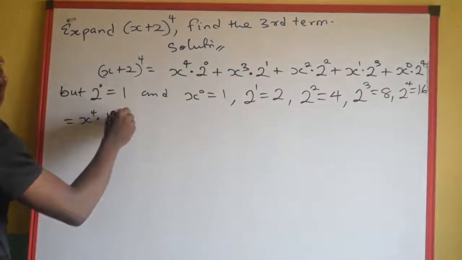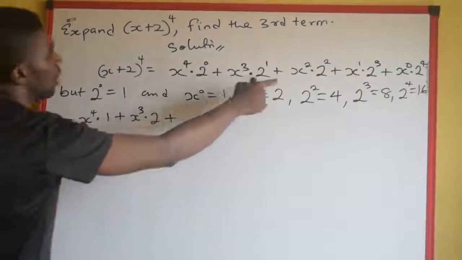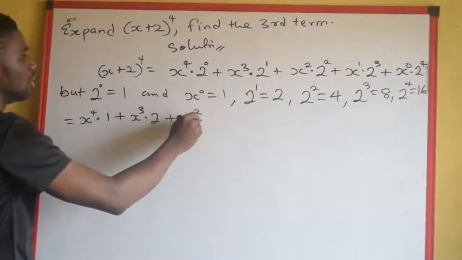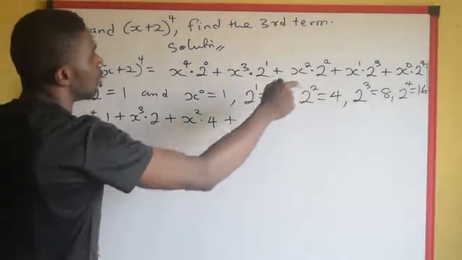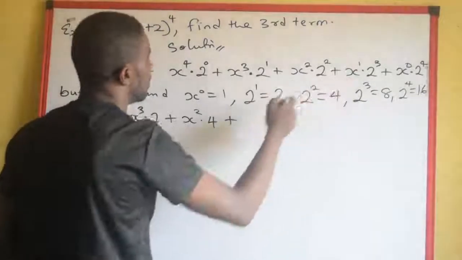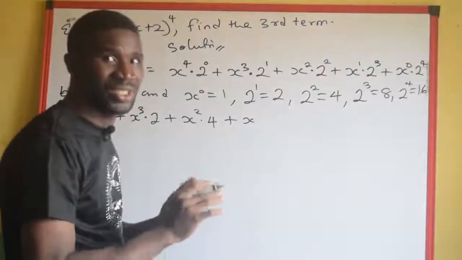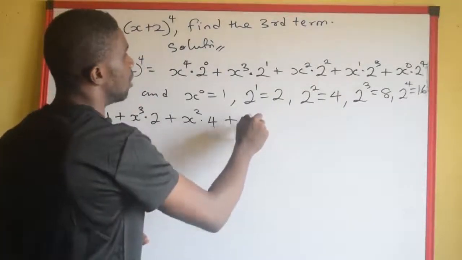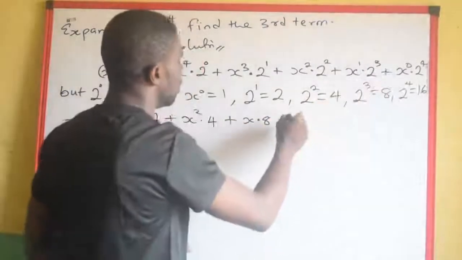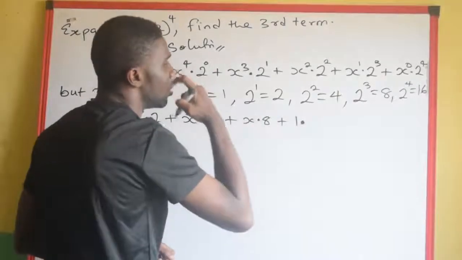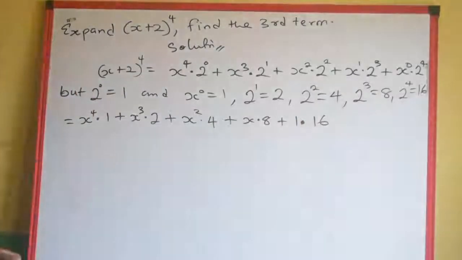We write down plus x raised to the power 3, dot, 2 raised to the power 1 is 2, plus x raised to the power 2, dot, 2 raised to the power 2 is 4, plus x raised to the power 1, anything raised to the power 1 is the same thing, so that means x raised to the power 1 is x, dot, 2 raised to the power 3 is 8, plus x raised to the power 0 is 1, times 2 raised to the power 4 is 16.